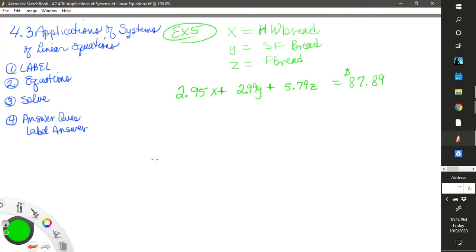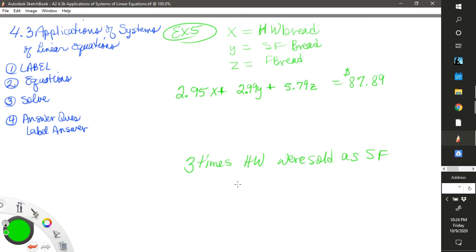On a recent day, 3 times as many loaves of honey wheat were sold as sunflower.